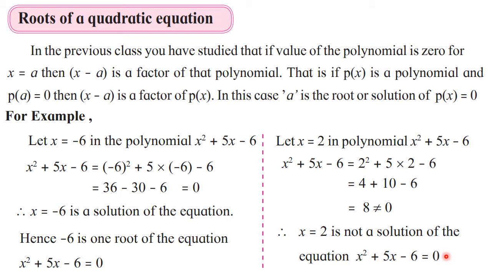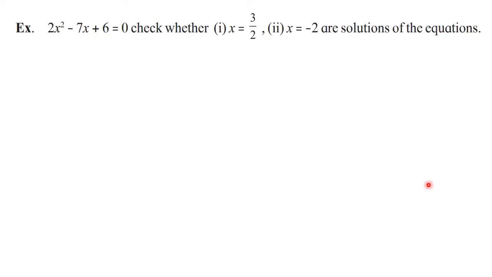Okay, so I hope you have understood the meaning of this particular concept, that is roots of a quadratic equation. Now let us see more about it. Let us try to solve the solved examples. The first example here is the equation 2x square minus 7x plus 6 is equal to 0. You will find these solved examples in the textbook.